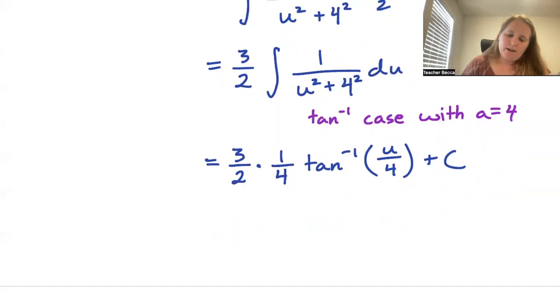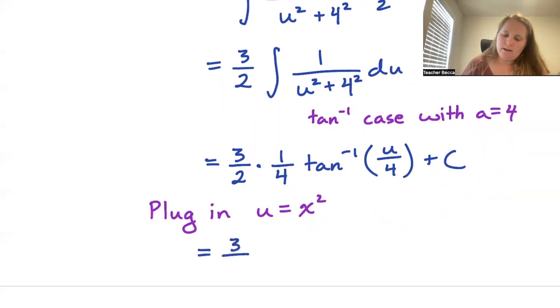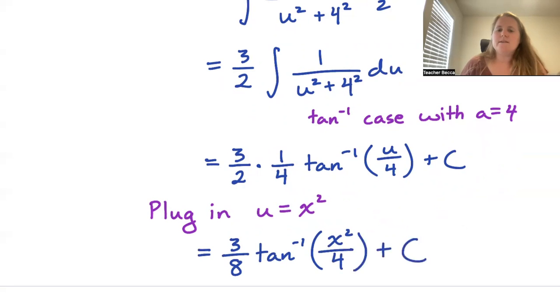And if we plug back in the fact that u was equal to x squared, then our integral is equal to 3/8 times tan inverse of x squared over 4 plus c.